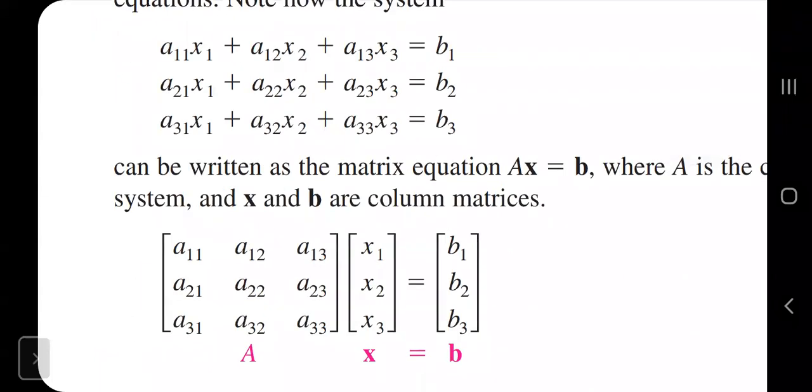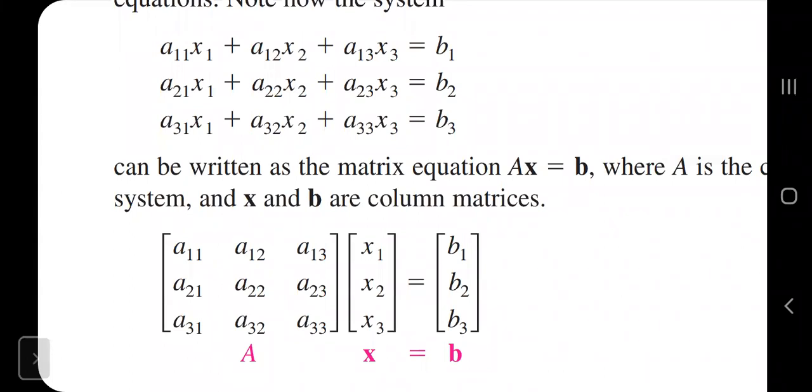Because if you think about it, look at the matrix A, which is a 3 by 3, and a column matrix, which we're calling X. Notice, by the way, it's a bold X, so bold X indicates that it's a matrix. These two things are saying the exact same thing.